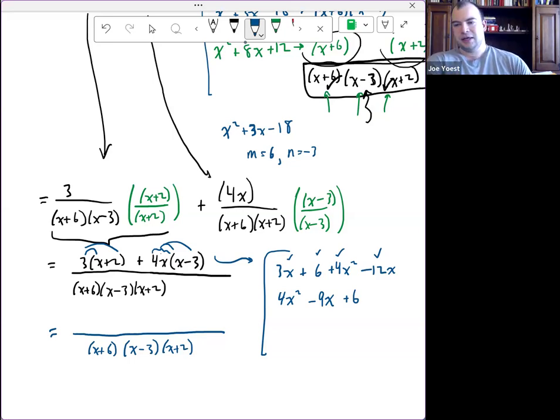Okay, so how can I factor this? Well, I could use AC grouping. A times C is 4 times 6. So I'm looking for an m and an n, so that m times n equals 4 times 6 or 24, and m plus n equals negative 9.